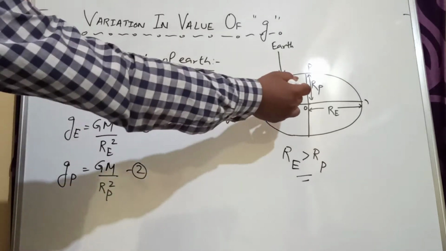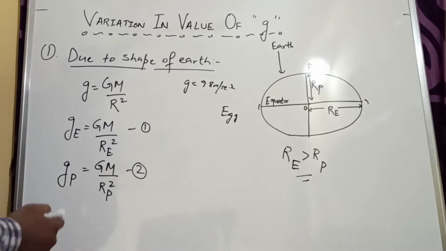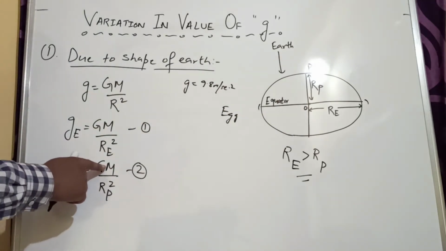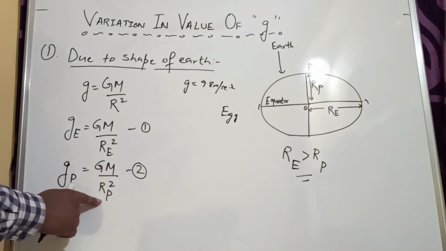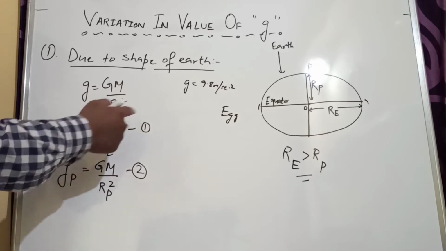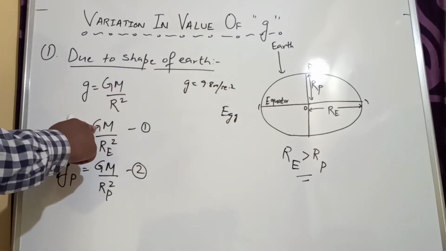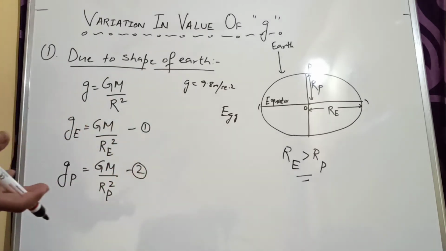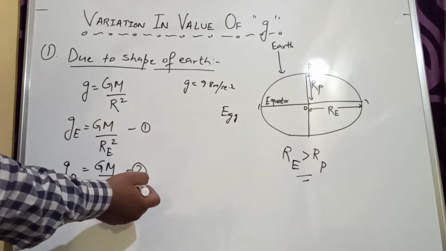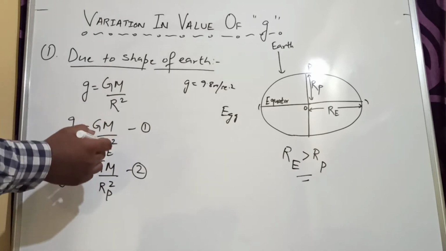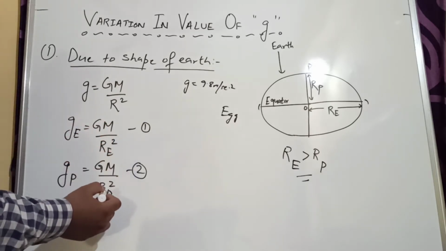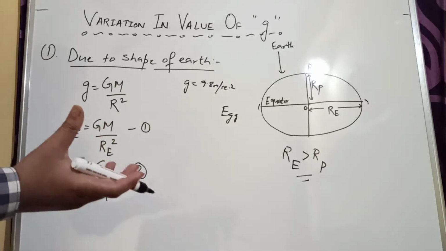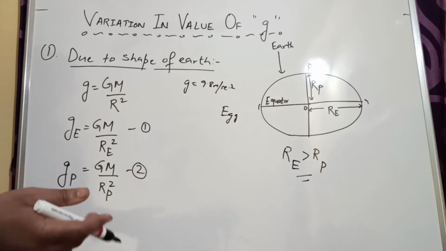Now when we calculate the value of g at the poles, what will be the equation? gp equal to GM upon Rp square, radius at the pole, because mass is constant and the value of capital G, the universal gravitational constant, is constant, so that will not change. So these are your two equations. Now from the equation, see, this radius term Re or Rp is in the denominator.